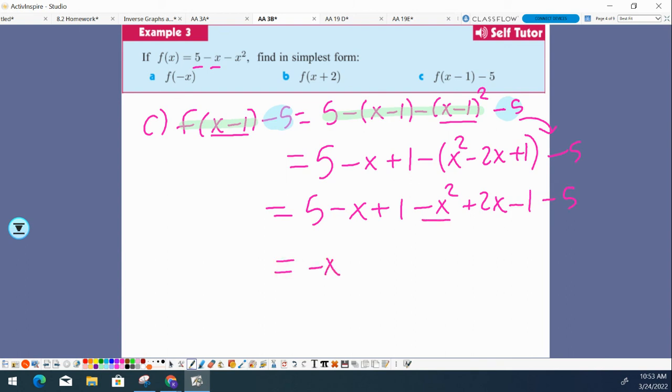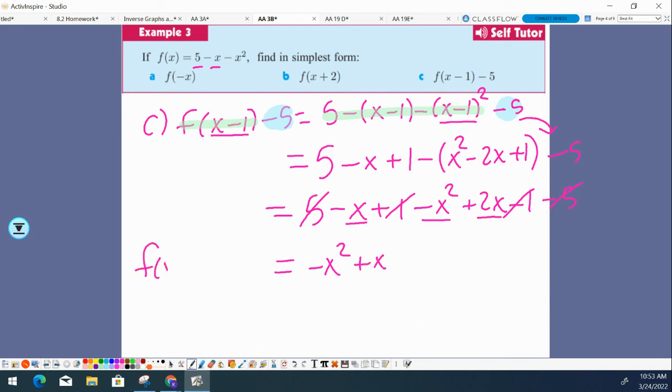So here's my negative x squared. This 5 and the negative 5 cancels. This 1, the negative 1 cancels. So I'm really just left with negative x plus 2 is plus x.